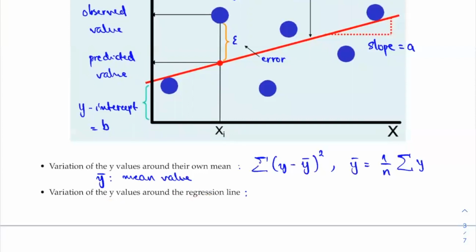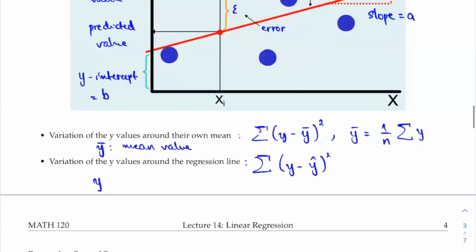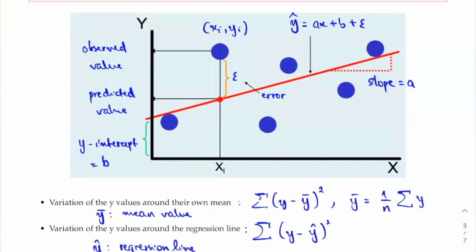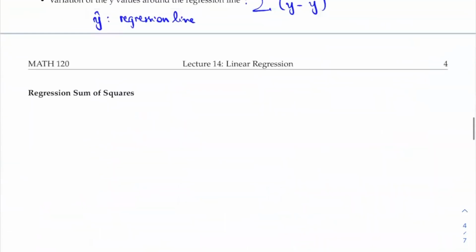The next formula that I'm going to write down is the variations of y values around the regression line. So it's the sum of y minus y hat squared, where y hat is the regression line. Now the regression sum of squares is equal to the sum of y hat minus y bar squared.